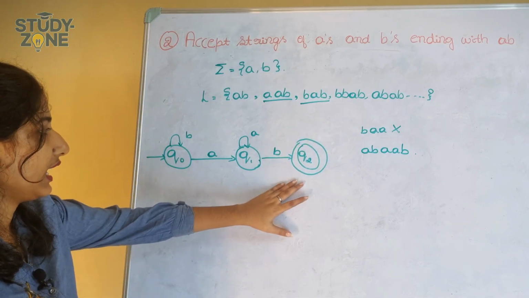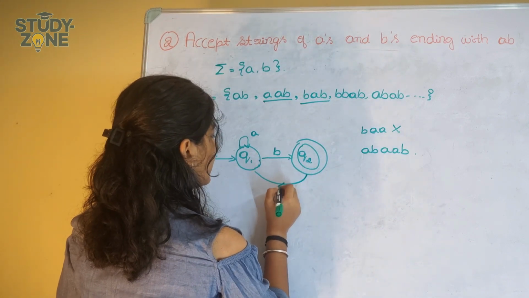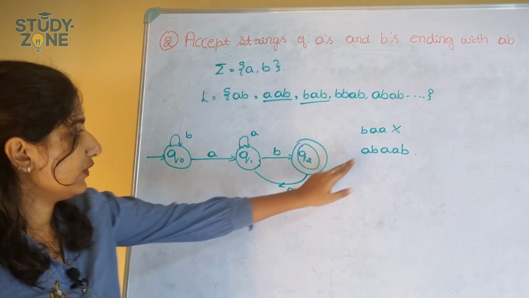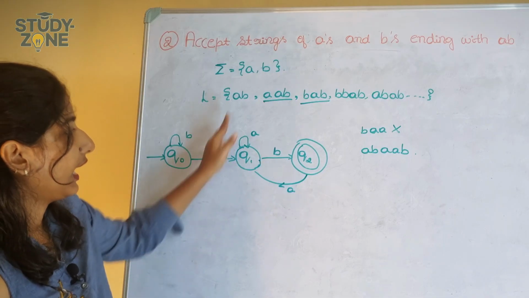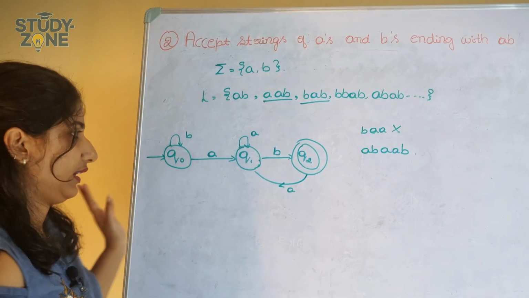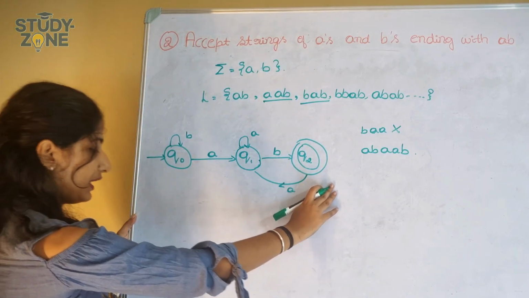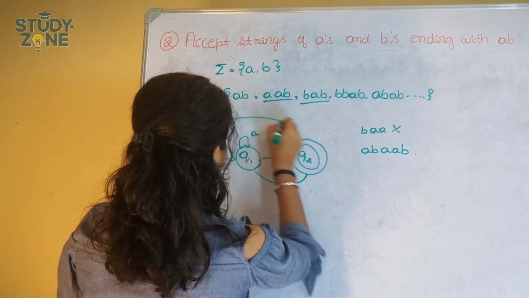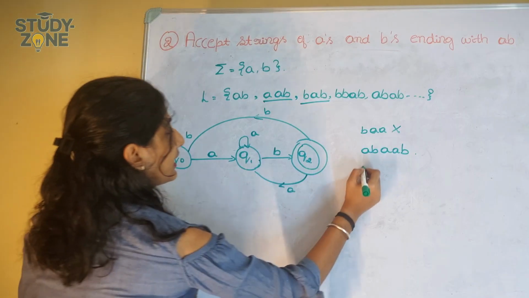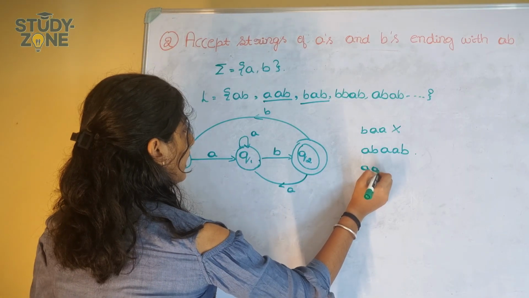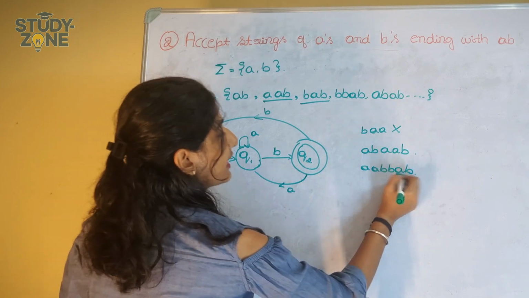If we get A here, it should move to the previous state. Why? Let's check here. We get A here, ABB, it's perfect now. So what to do if we get B here? If we get B here, it should move to the first state only. Why? Because at the end we need, let's take it like ABB. Okay, it should get accepted, right?